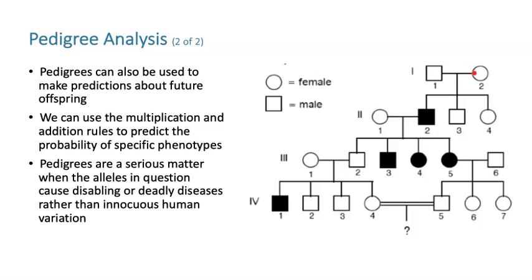A horizontal line that connects them has traditionally been known as a marriage line. But I want to emphasize to you that doesn't mean they had to be married. It just means that they had to have babies together. So we call it a marriage line, but that's kind of like a remnant of the way we think about traditional families.